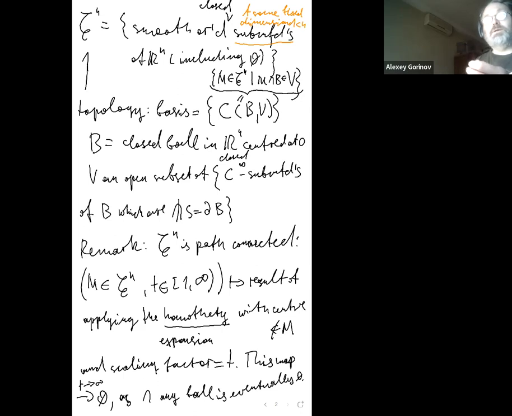Well, let's describe the homotopy type of the space CN.